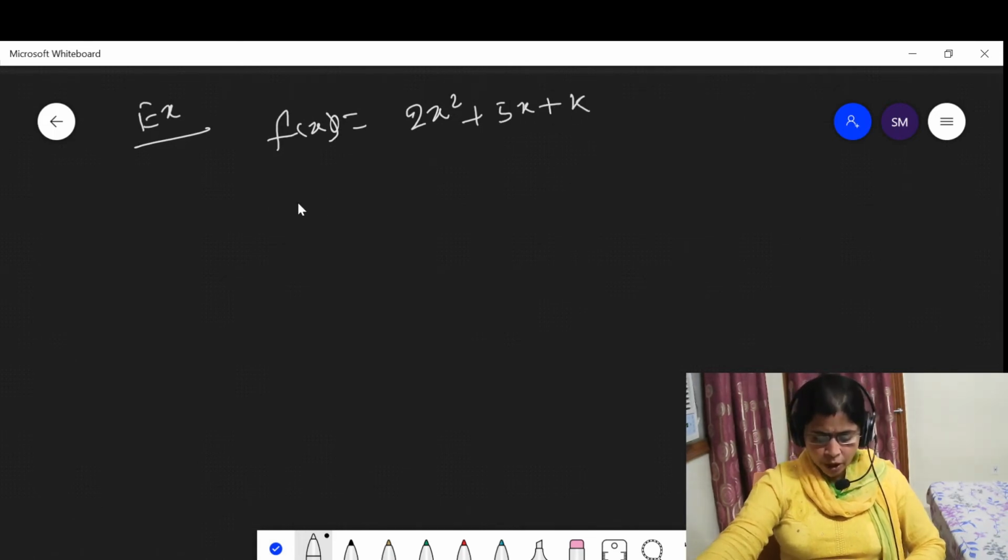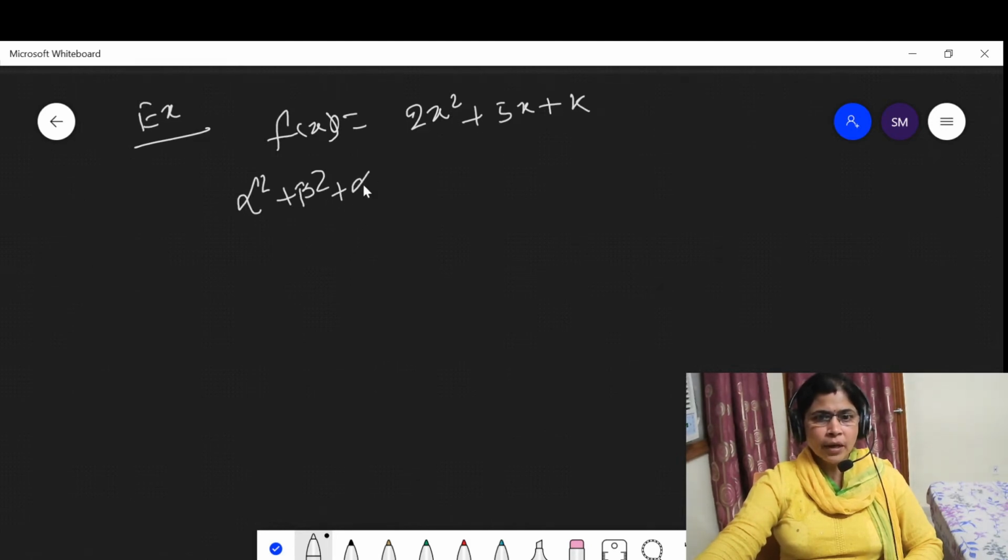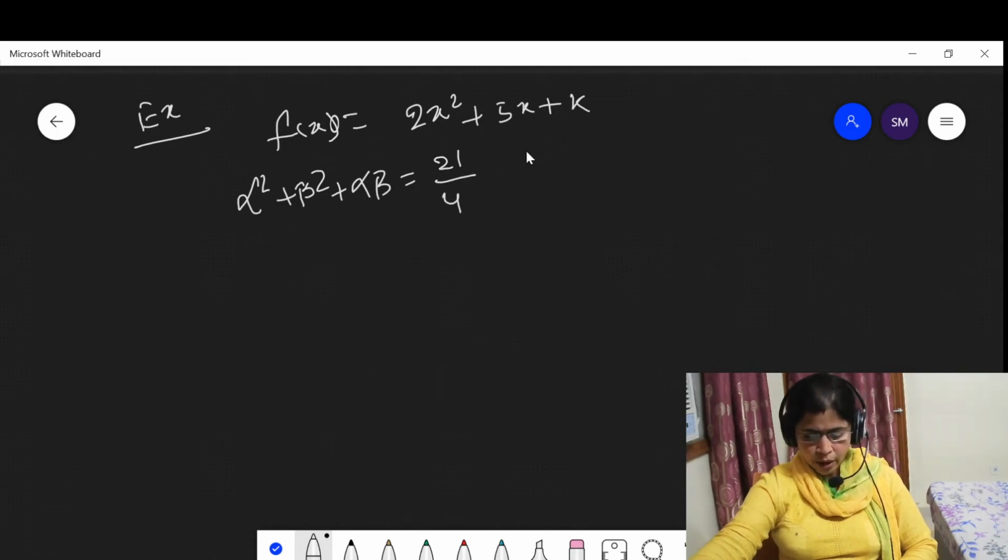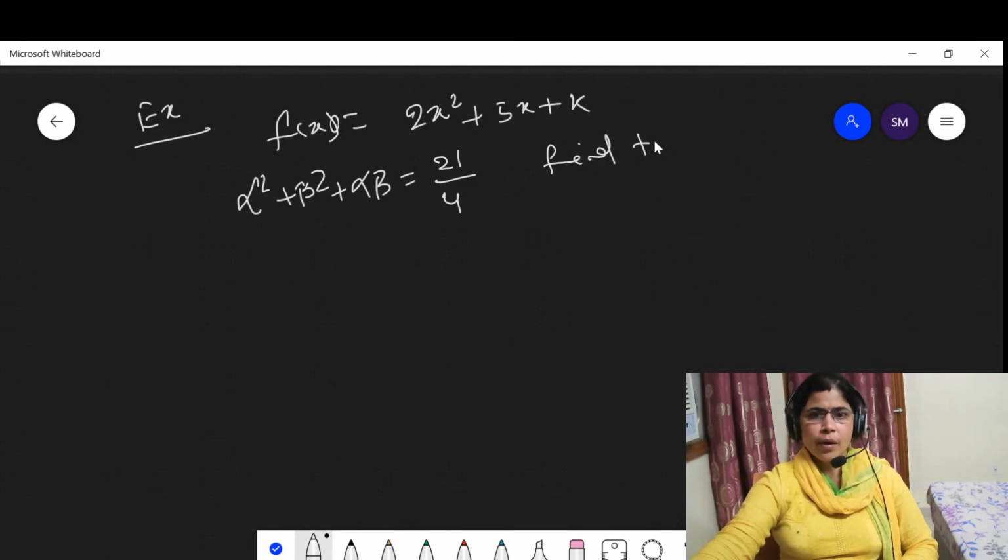This is the polynomial f(x) given here, and another relation is given here: alpha square plus beta square plus alpha beta is given here 21 upon 4, and find the value of k.